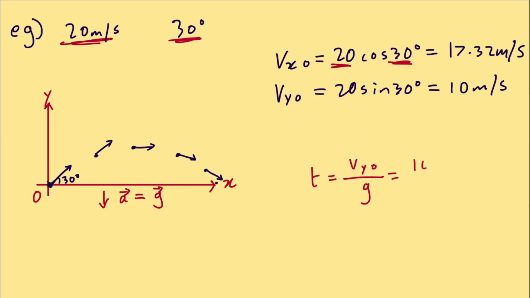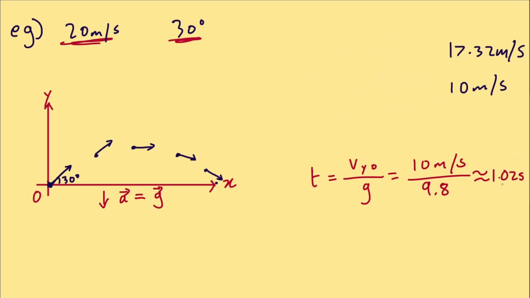We plug everything in, 10 meters per second taken from here, and g is just 9.8. You get roughly 1.02 seconds. So there's our time value. So at 1.02 seconds, the ball is at its max height. Now let's find its vertical displacement at this time.